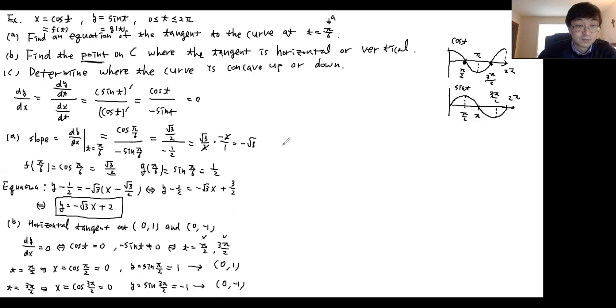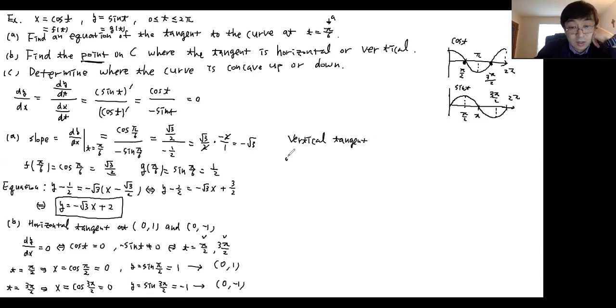The next one, vertical tangent line. So what's that? We think about case 1, the vertical tangent line from the previous page.